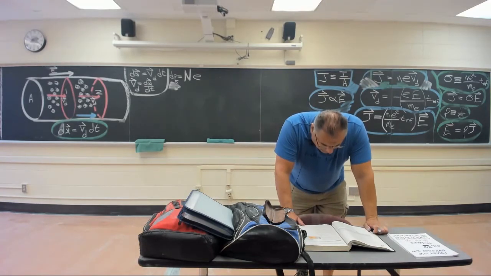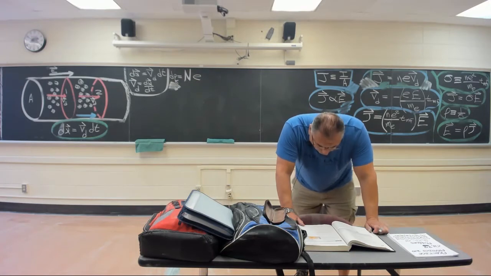We find capital N from the number density of the actual conduction electrons. Most conductors have one conduction electron per atom. So the number density of the conduction electrons is equal to the number density, small n, of atoms in the metal, and capital N is the number density n times dV of that portion of wire.